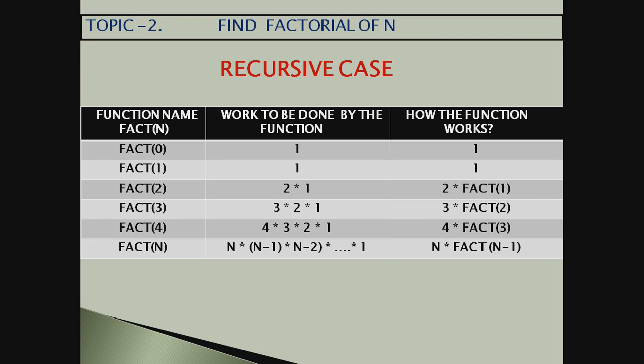See, 4 into fact 3. If we consider n to be 4, then n minus 1 is going to be 3. Now see, 3 into fact 2. If we consider n to be 3, then n minus 1 is 2. If we consider n to be 2, then n minus 1 would be 1.